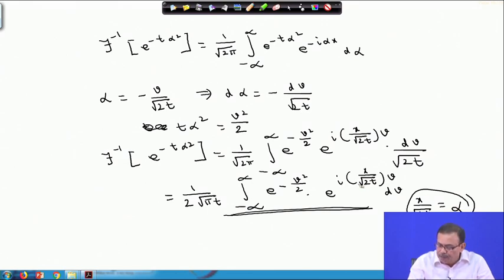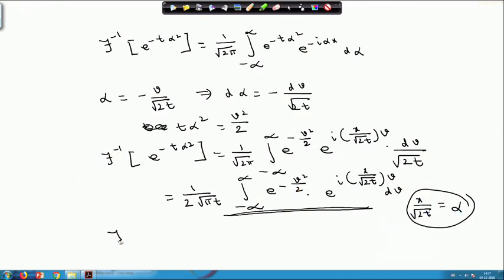So e power I alpha v becomes e power I into x by root 2 t into v. Again, I am repeating, this integral represents the Fourier transform of the function e power minus v square by 2 with the kernel x by root 2 t, not alpha.